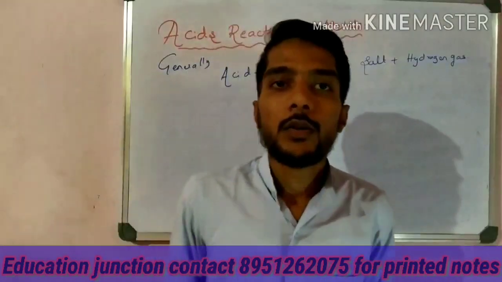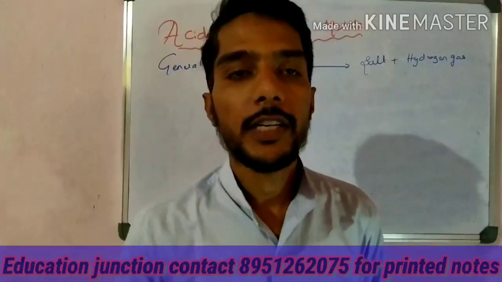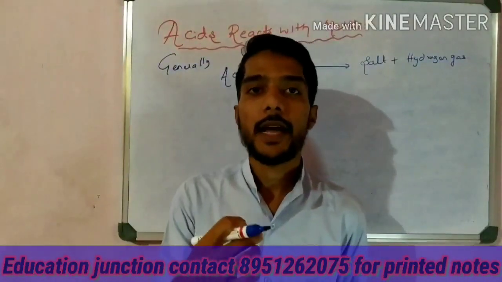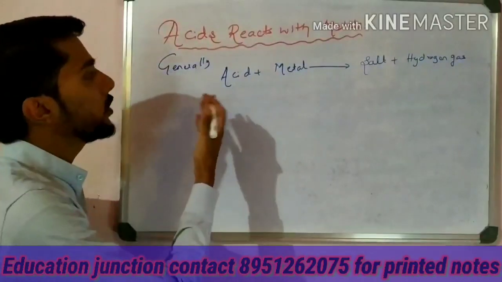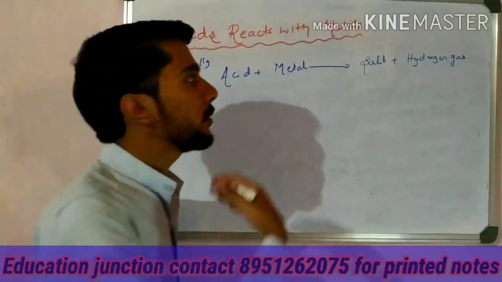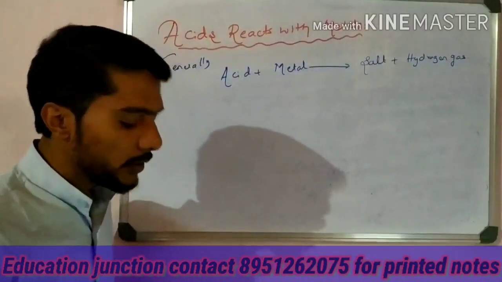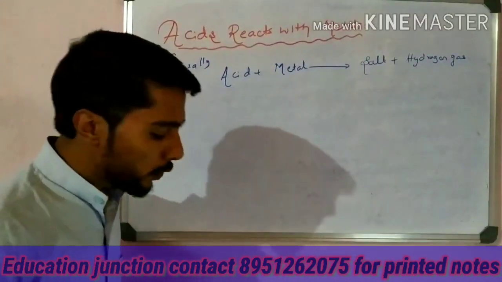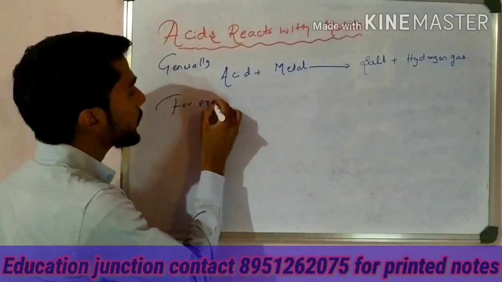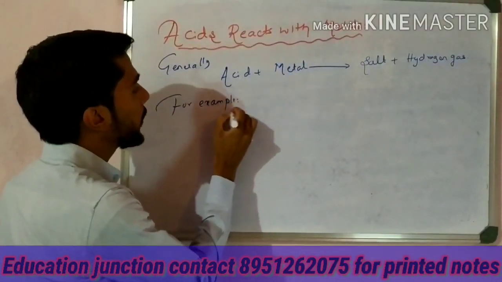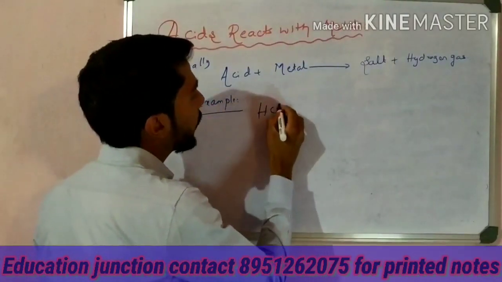Okay students, after a short break, now come to the next session, that is acid reacts with metals. In general, what happens when acid reacts with metal? When acid reacts with metal they form salt and hydrogen gas is liberated. For example, I take HCl, one acid.